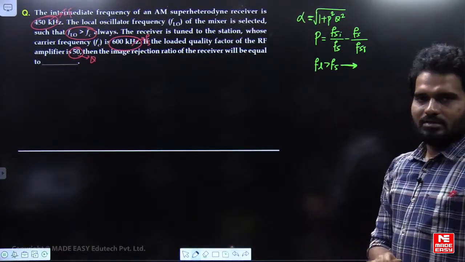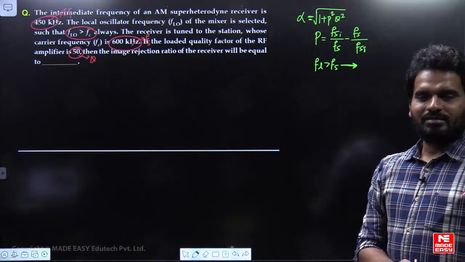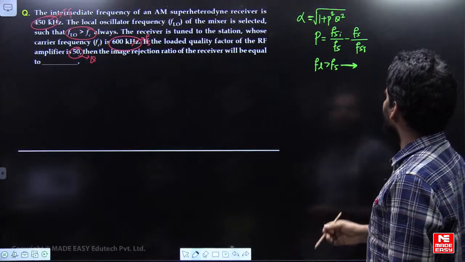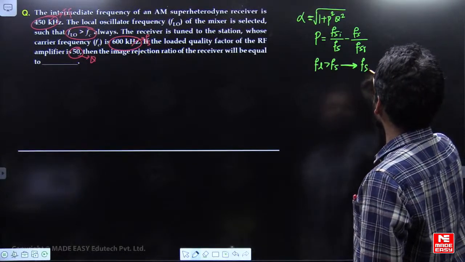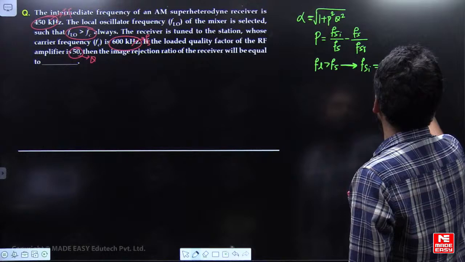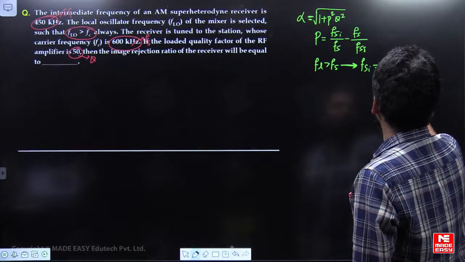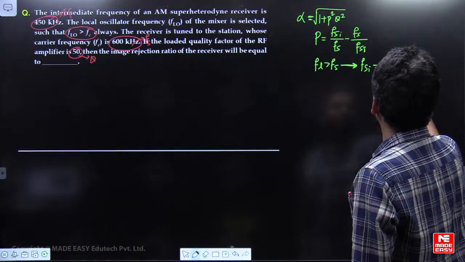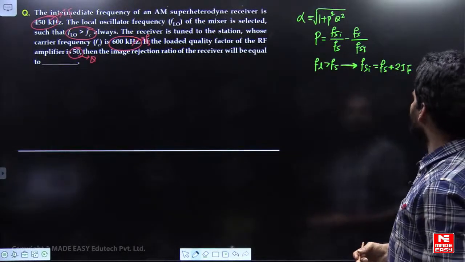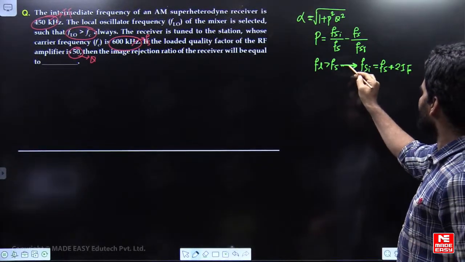And mixer, of course, if FL greater than FS, then the image frequency FSI I can write as FS plus 2IF. If FL less than FS, then the image frequency will be FS minus 2IF.